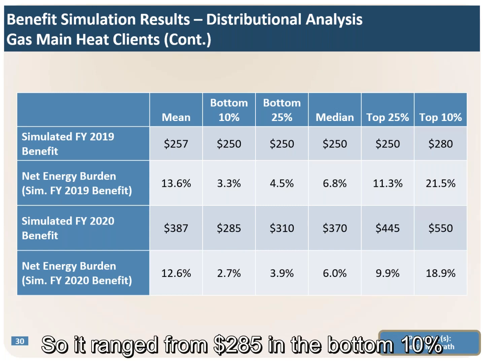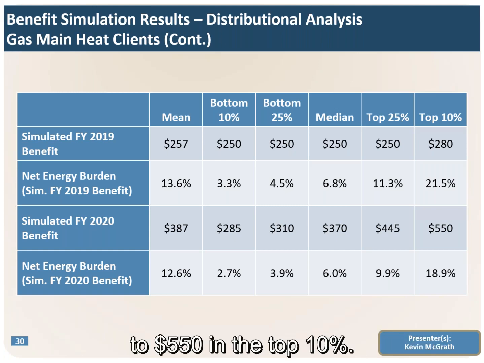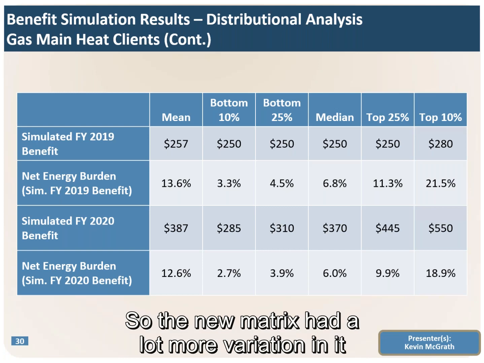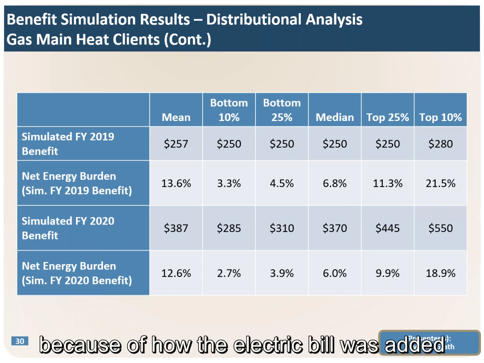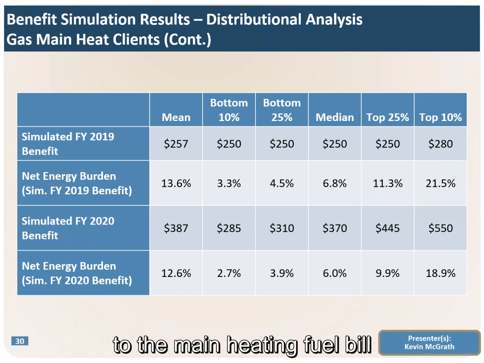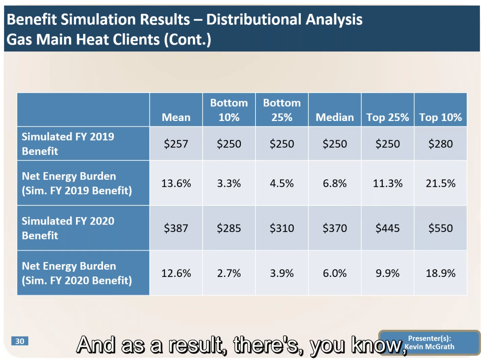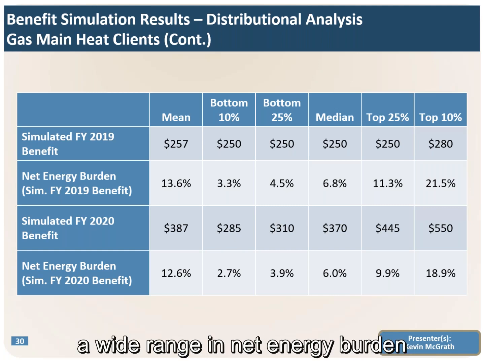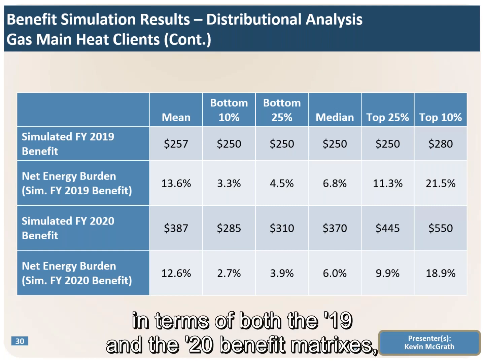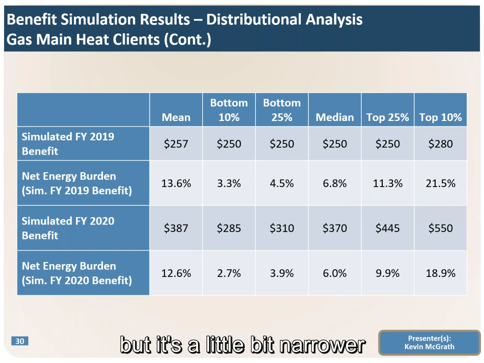It ranged from $285 in the bottom 10% to $550 in the top 10%. So the new matrix had a lot more variation in it because of how the electric bill was added to the main heating fuel bill for the natural gas main heat clients. And as a result, there's a wide range in net energy burden in terms of both the 19 and the 20 benefit matrices, but it's a little bit narrower for the 2020 benefit matrix. Next slide.